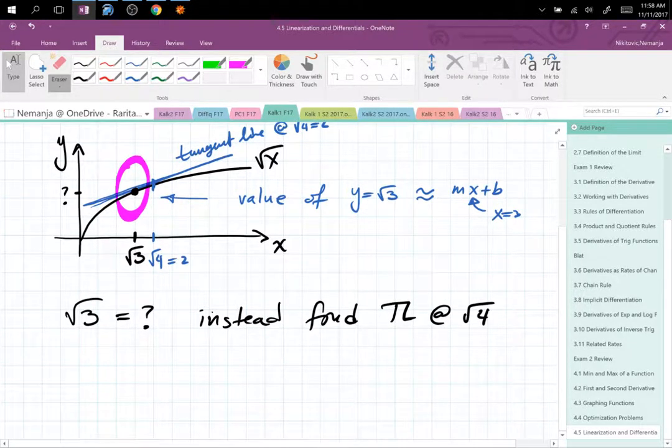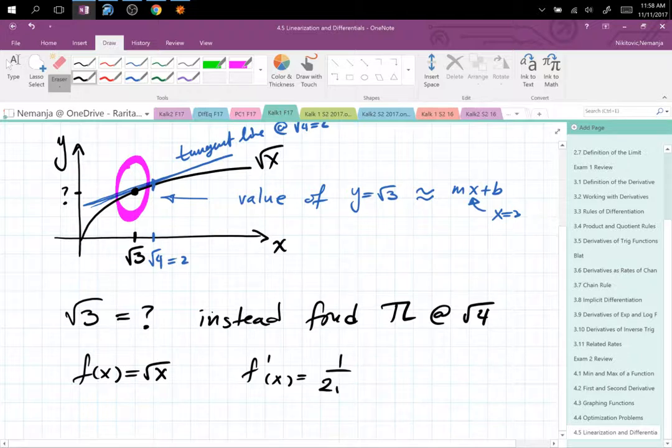Let's make that happen. F of x is clearly square root of x, because we are talking about taking square roots. We know that to find its derivative, we have 1 over 2 root x. And now, oh wow, I was supposed to say at x equals 4. There we go, much better.